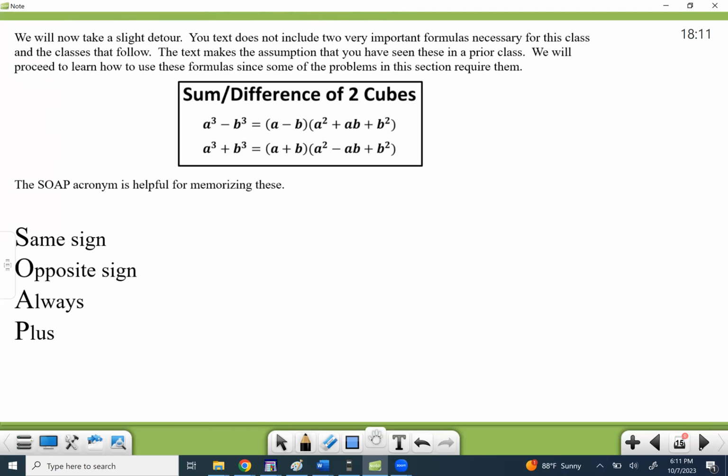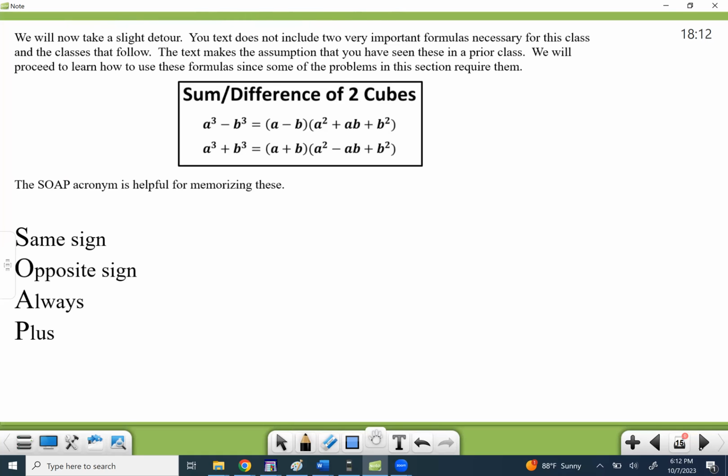Now, this section, it's not in your textbook, which I couldn't even find when I went to the index. So that tells me that they're assuming that you got this in a previous math class. Now, with my experience teaching college algebra for a long time, a lot of people have never seen this before when they come into my class.